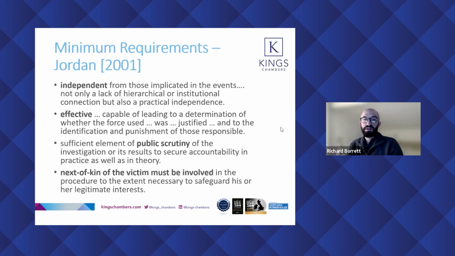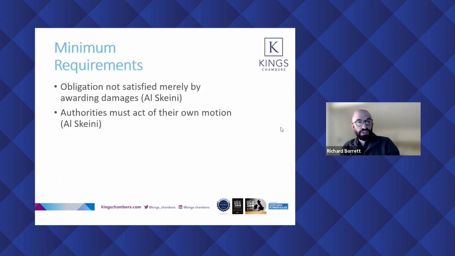Sometimes it might not be necessary because there's been a full investigation, most commonly by inquiry. But it has to be independent, it has to be effective, there has to be sufficient scrutiny, and there must be sufficient involvement of the family. The minimum requirements also include that the obligation is not satisfied merely by awarding damages. That's the case of Palestine. The authorities must act of their own motion.